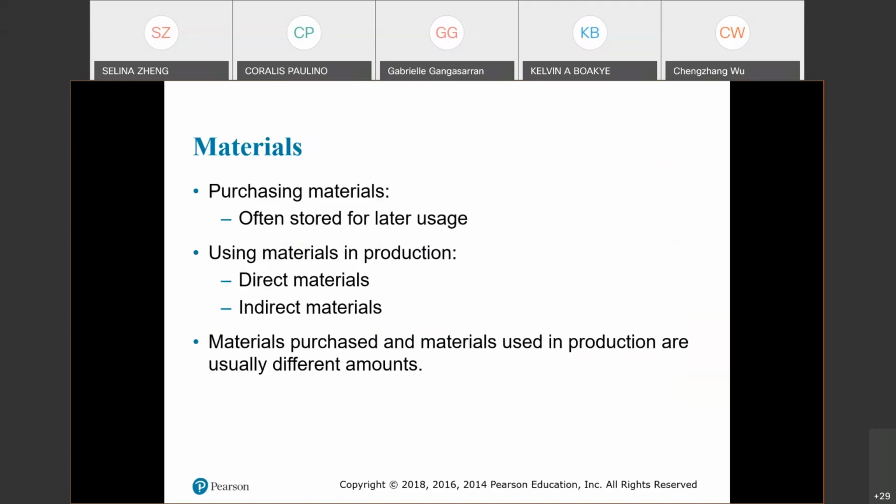Raw materials purchased accumulate in the raw materials inventory account until they are assigned to each job. So next, let's look at the recording of both activities: purchasing and using.